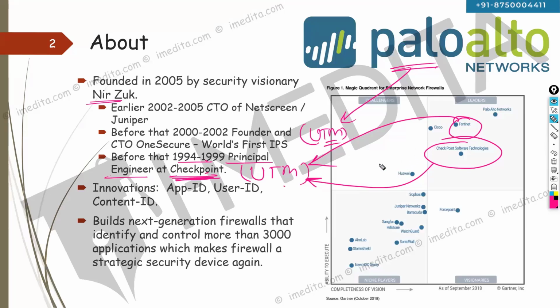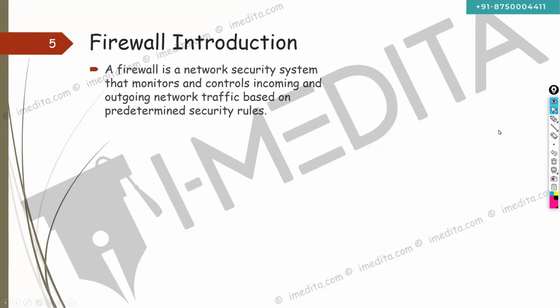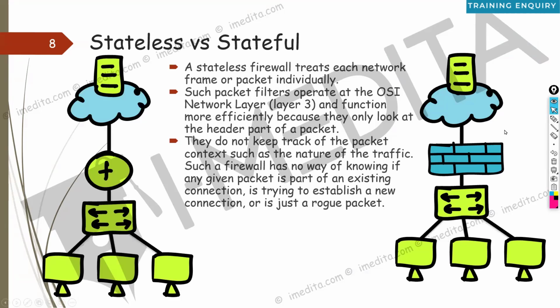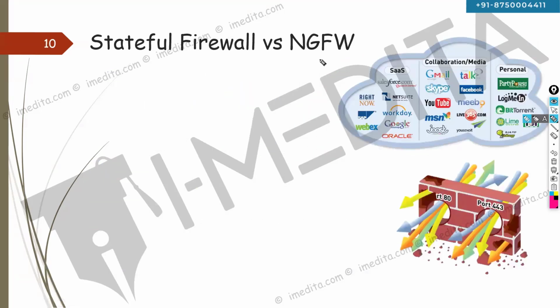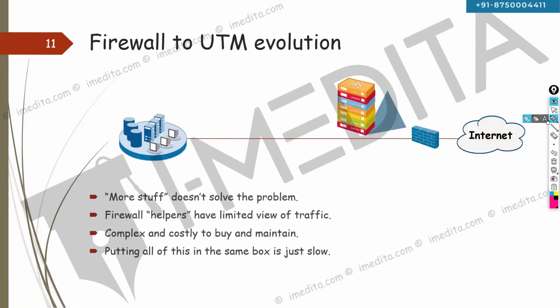So another concept was introduced in the market, and that term or name was next generation firewall. So at that time when Palo Alto was established, there were two terms: UTM versus next generation firewall.